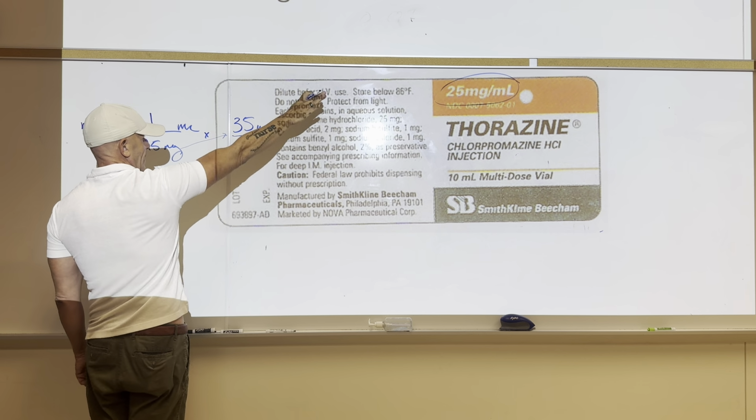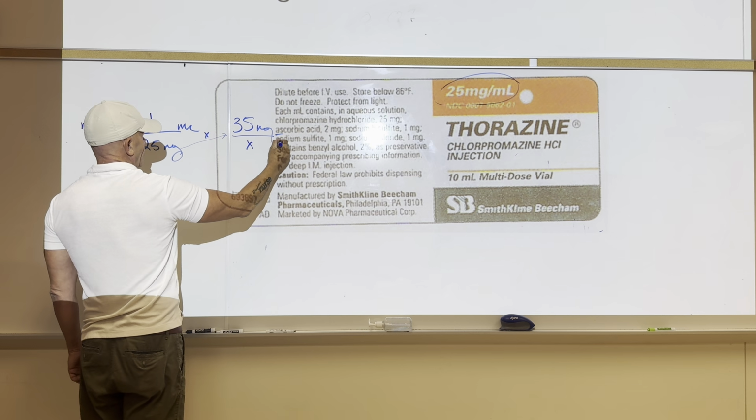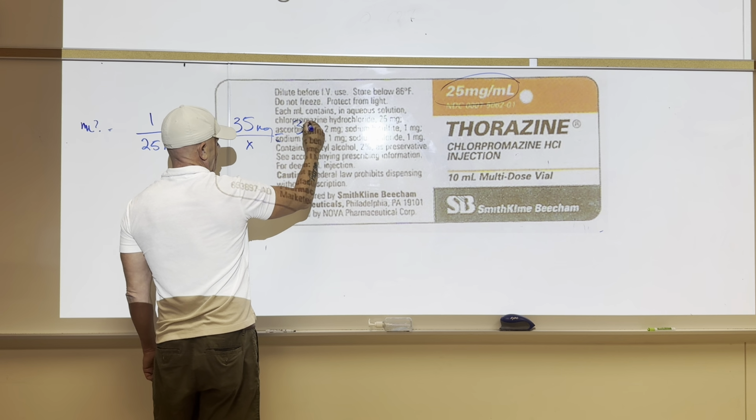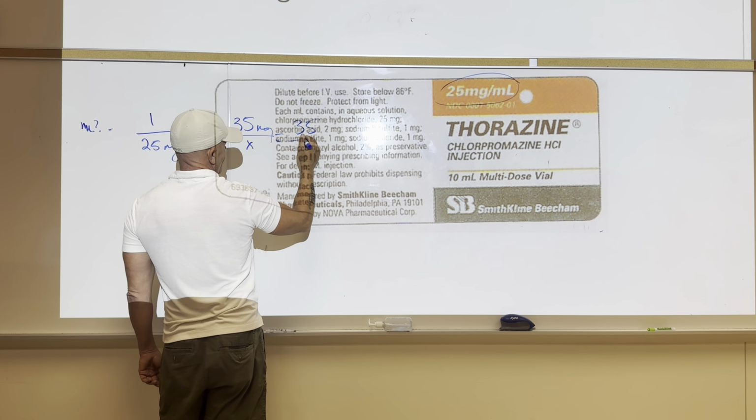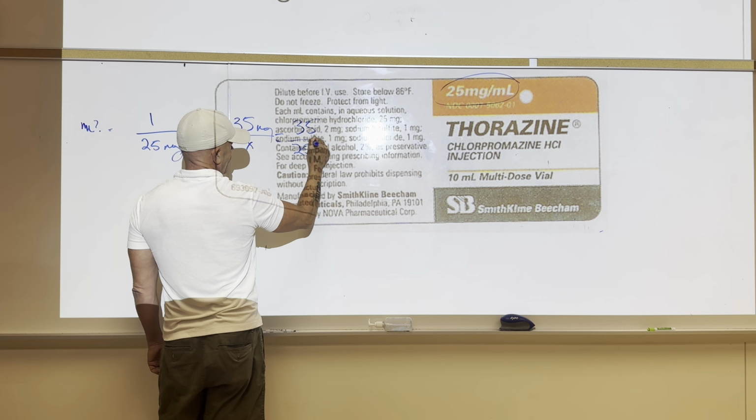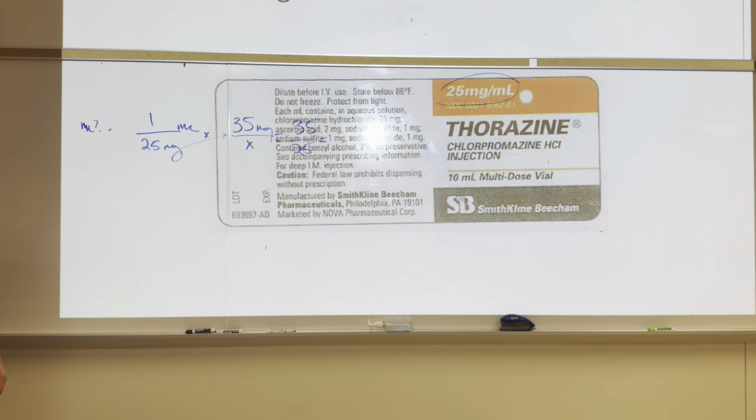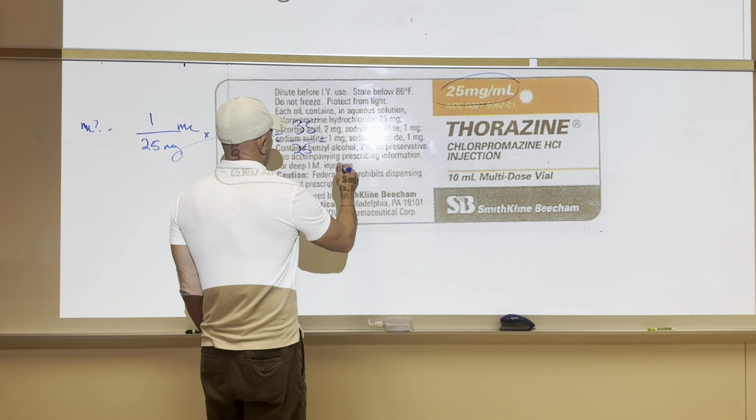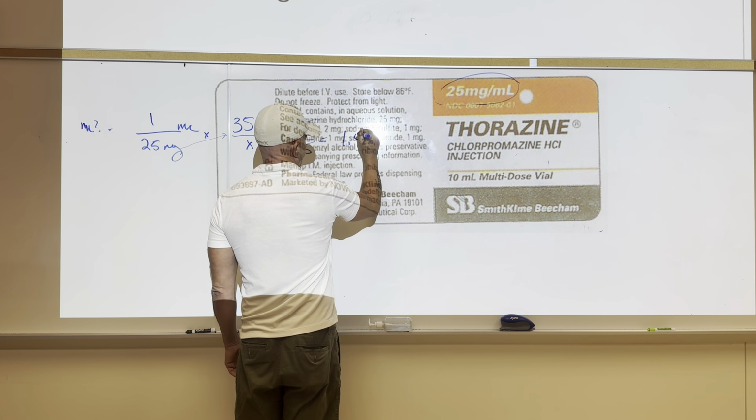Up, diagonal. X, what do you get? 35 over 25 gives you what? 1.4 mLs.